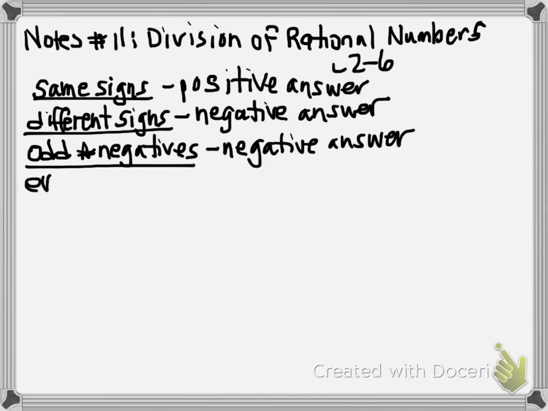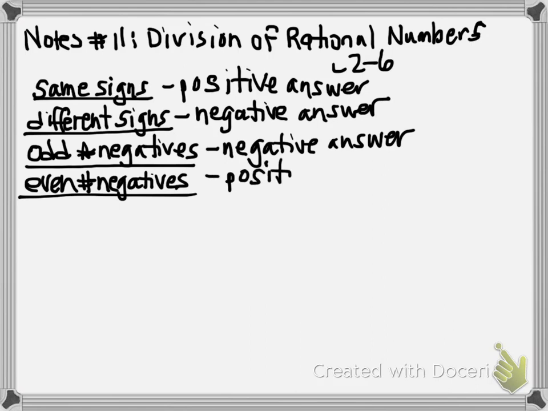And if we have an even number of negatives, the negatives will pair up, making positives. So that gives us a positive answer. Okay, so that's a recap from yesterday. So again, the basic rules for multiplying integers are the same as dividing integers.